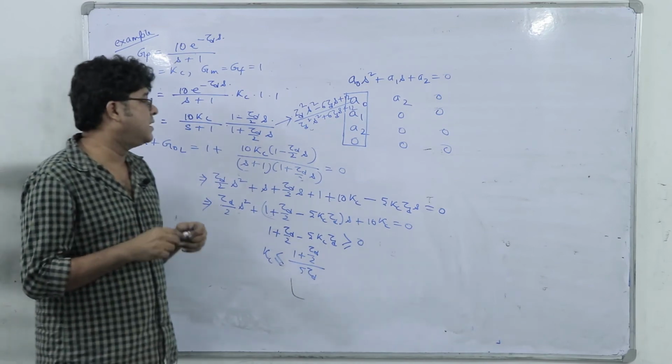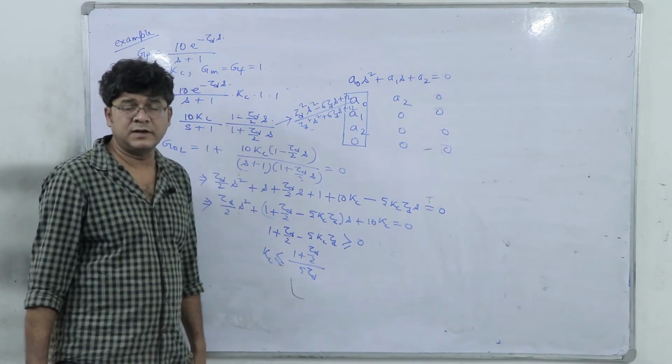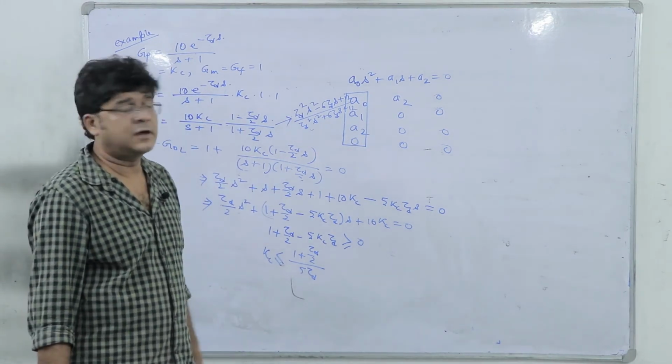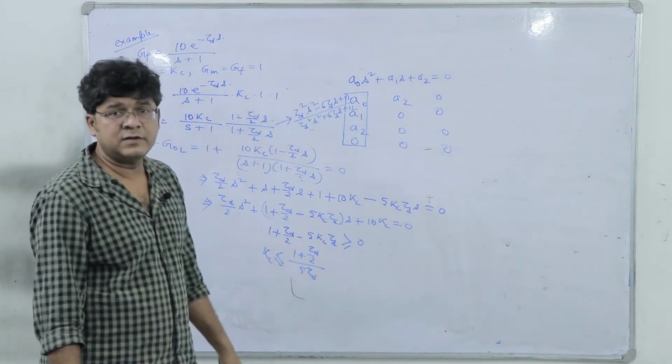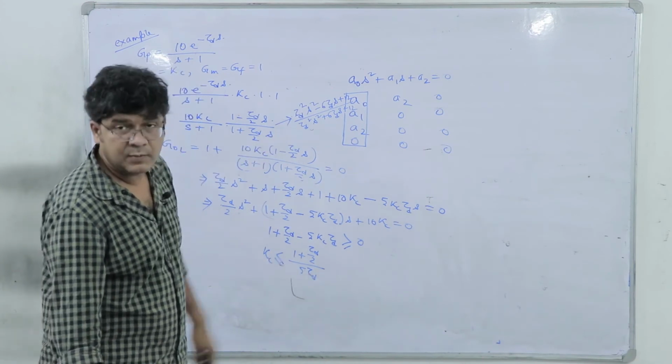So, it is immaterial what sort of approximation we are using, whether it is the Pade's first order approximation or Pade's second order approximation. Everywhere you will get the same result.